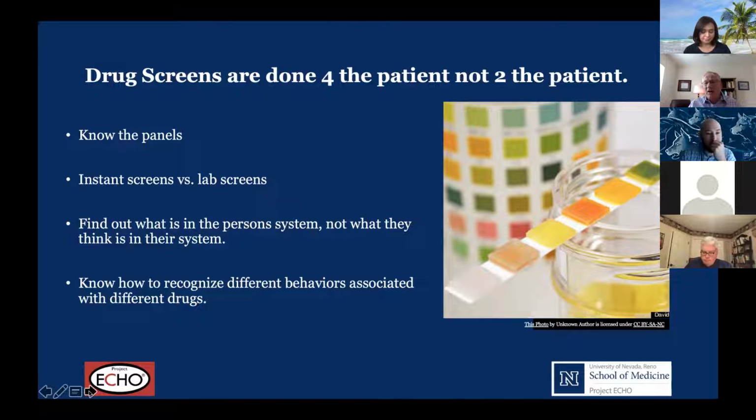I want to find out exactly from a laboratory what is in this person's system. So I'm going to ask specifically for the panels that I need for this lab. And then I'm also going to ask that they keep a sample so that if there's any questions or complications, we can always rely back on that sample to make sure that the results are accurate.